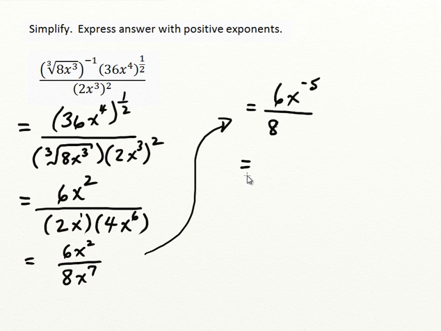Okay, we're almost done. The requirement in the question said express your answer with positive exponents, and clearly we have a negative exponent up here with the x. And the other thing we're going to be careful of is that it did ask us to simplify. So if we see a fraction of 6 over 8, we're going to take care to reduce that to lowest terms. So reducing 6/8 to lowest terms is going to give me 3 over 4.